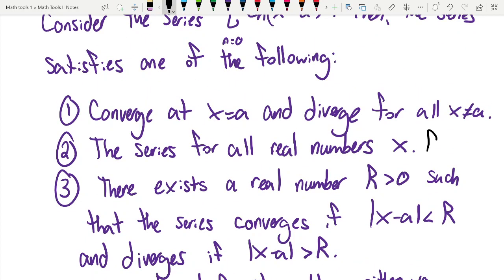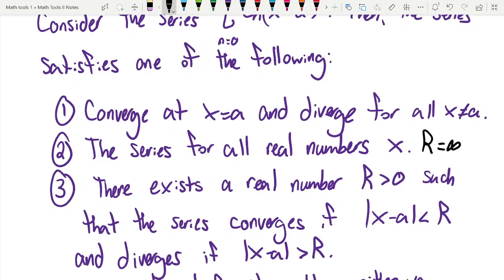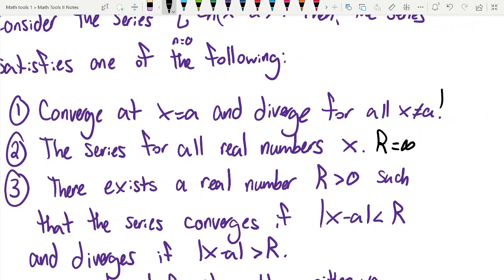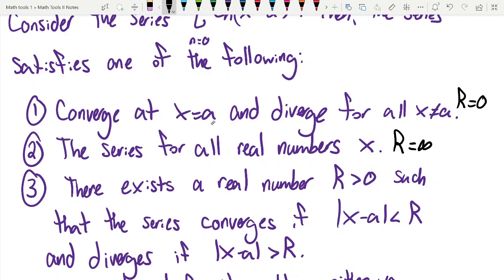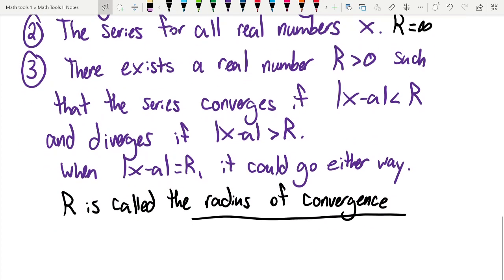So in the extreme examples, r equals infinity if it converges for all real numbers. And if it converges for none, we would say that r equals 0. Or it only converges for one number, but we would still say the length of that interval where it converges is 0 because it's just a single number.